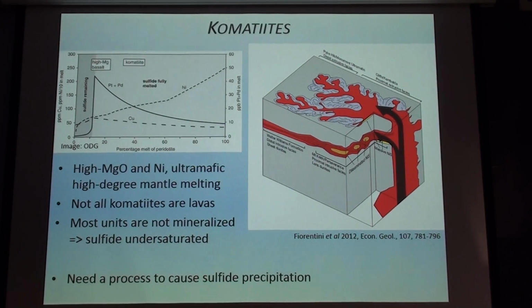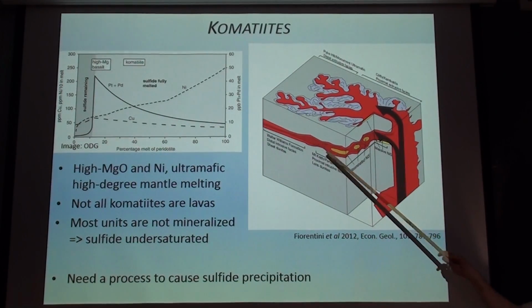So most komatiites are sulfide undersaturated. So we need to find a way of enriching the komatiite lava with sulfur so that we can precipitate the pentlandite. Oh, and not all komatiites were lavas, some were just intruded.